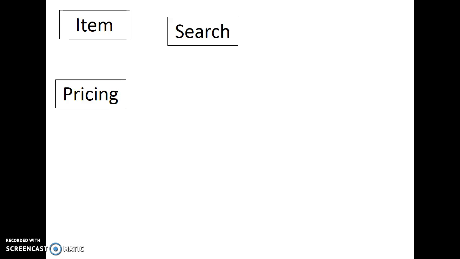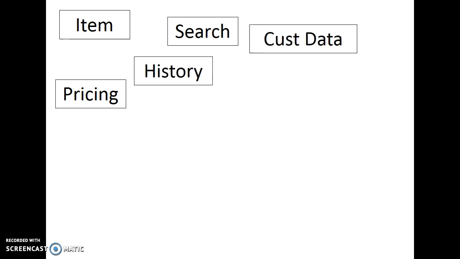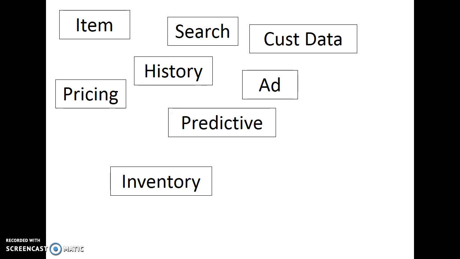Sometimes that pricing differs based on where you live, might even differ based on what you've looked at previously. So it's got customer data, it's got your history. They can do pricing specific to you based on your shopping history. It's got advertising data, it's got predictive data, it's got inventory data, delivery information, where they can or can't deliver to in one day.